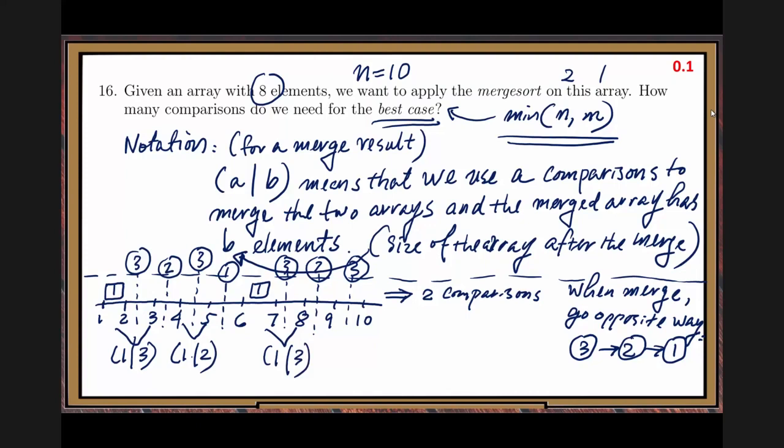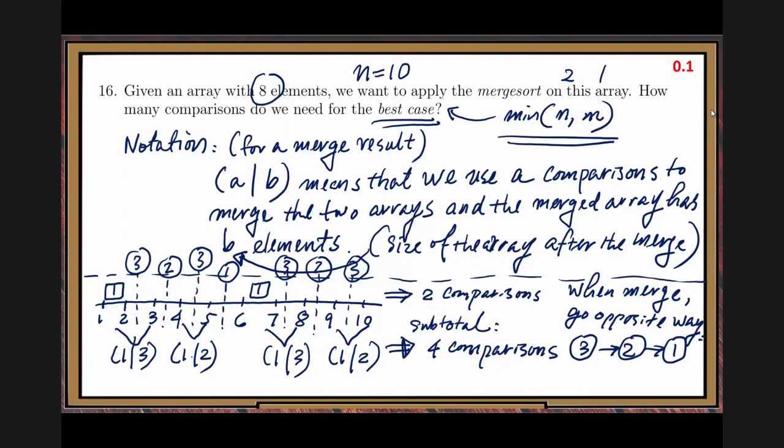Here the minimum is 1. Array size is 2. Then let's calculate the subtotal. 1 plus 1 plus 1 plus 1, 4 comparisons, right?